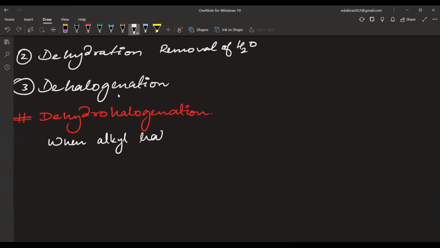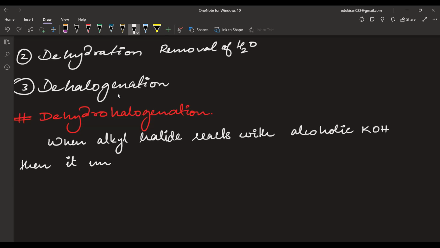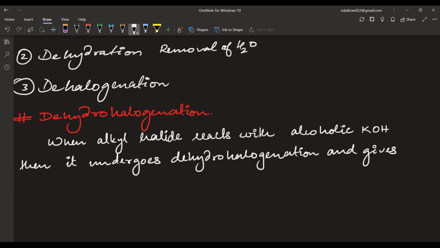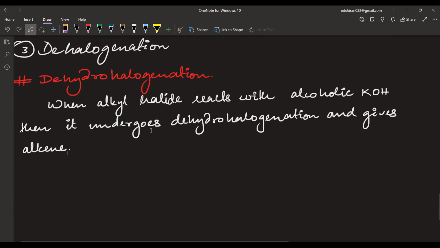When alkyl halide reacts with alcoholic KOH, then it undergoes dehydrohalogenation and gives alkene. So we'll write the reaction like this.